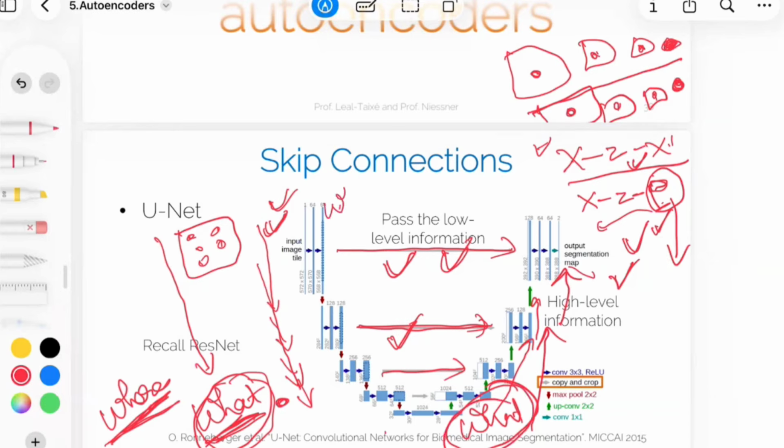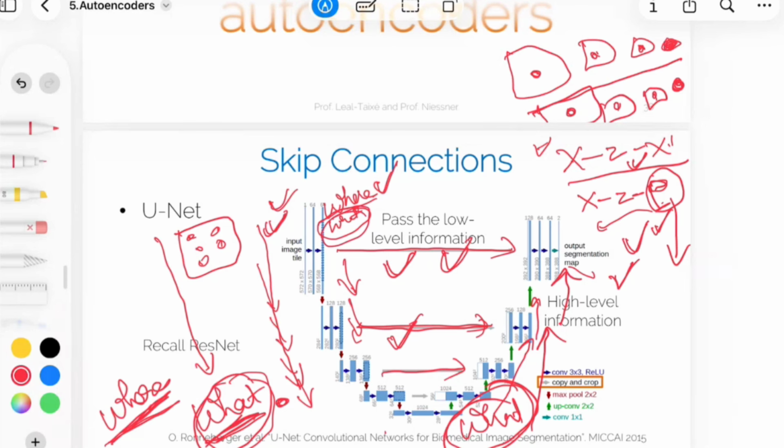From this side you started from the where and the what both, but your what was not that clear, while the where was fully clear because all the relationships were there. Now you have just filtered out the where. We are removing the where and filtering out the what, and at the end you are left with the what, and then you are giving it to the decoder.